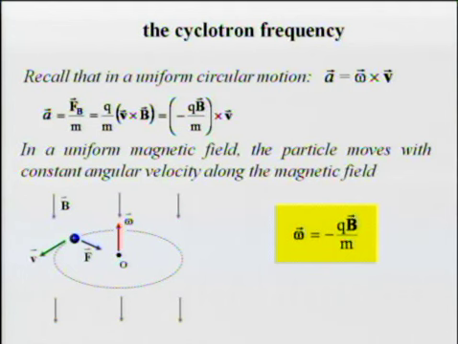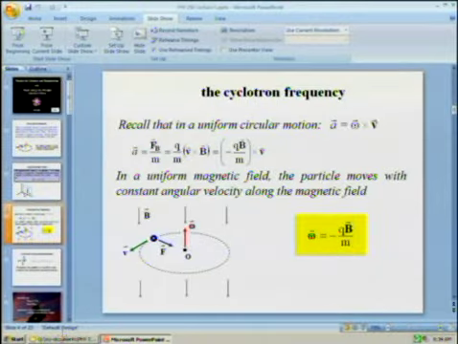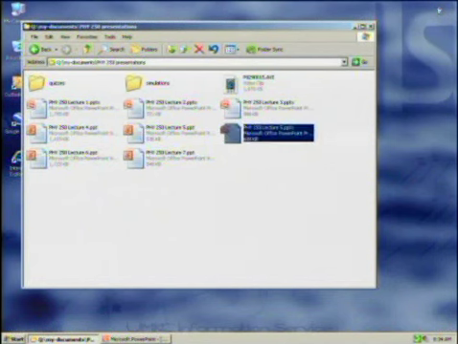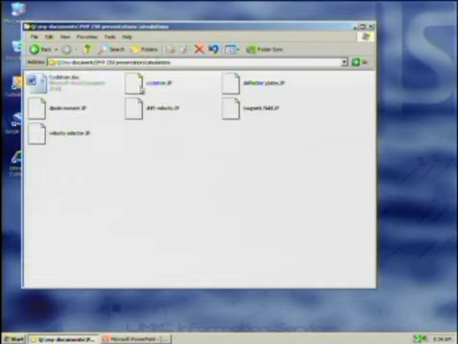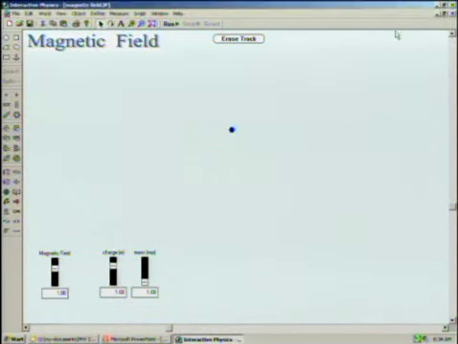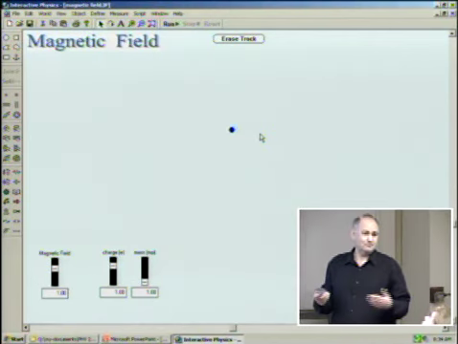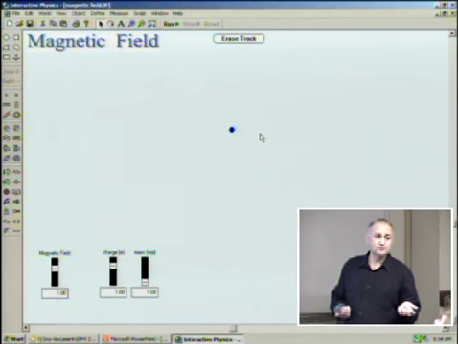And I have a simulation. I like to pull it out, in which we can now play and see how the particles would move.